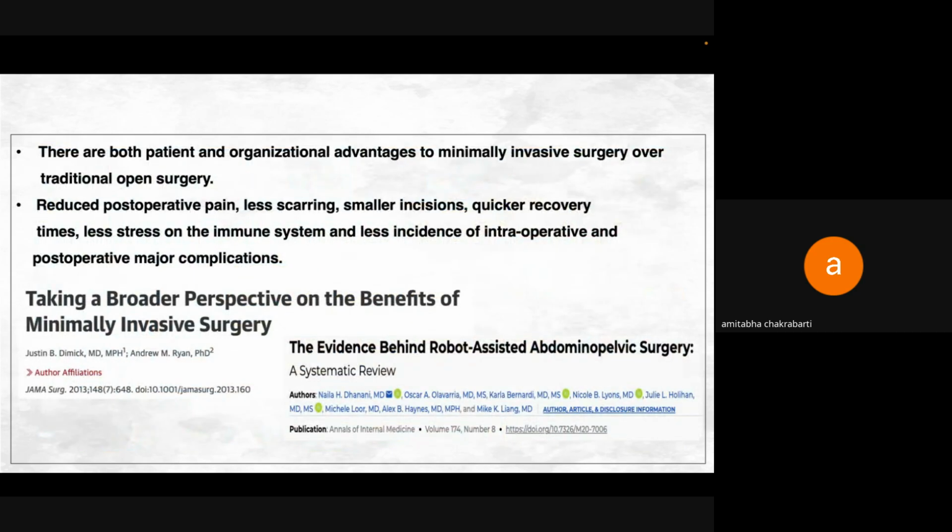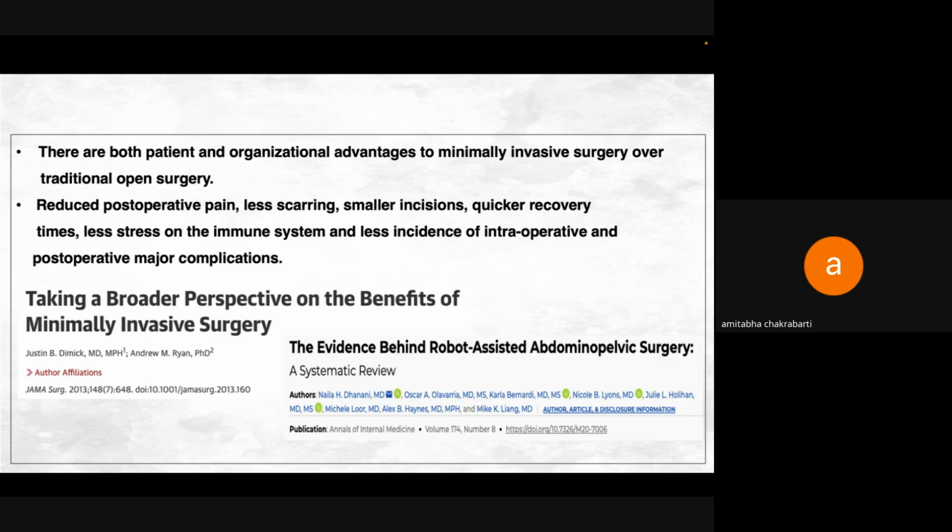Now, the advantage of robotic surgery as a part of minimal access surgery, that the both patient and organizational advantage of this minimally access surgery over traditional open surgery. It has a less postoperative pain, less scarring, less stay in the hospital, quicker recovery, small incision, less stress on immune system, many things, many advantages.